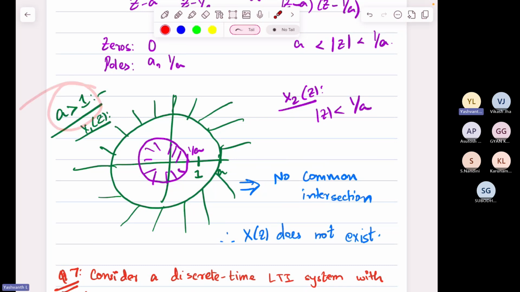Is it clear? Are there any doubts? Can anyone please confirm if everything is clear?